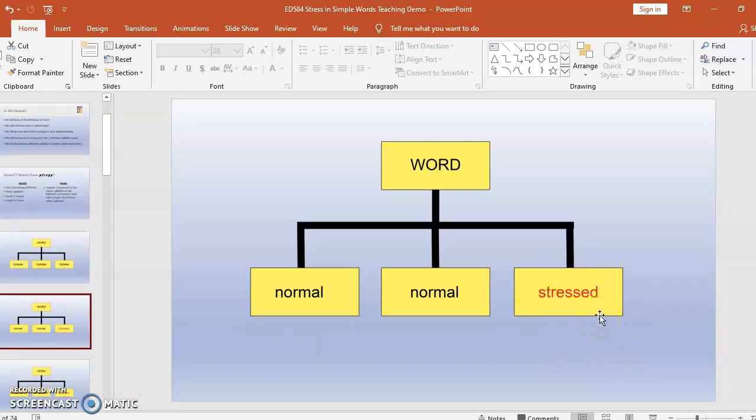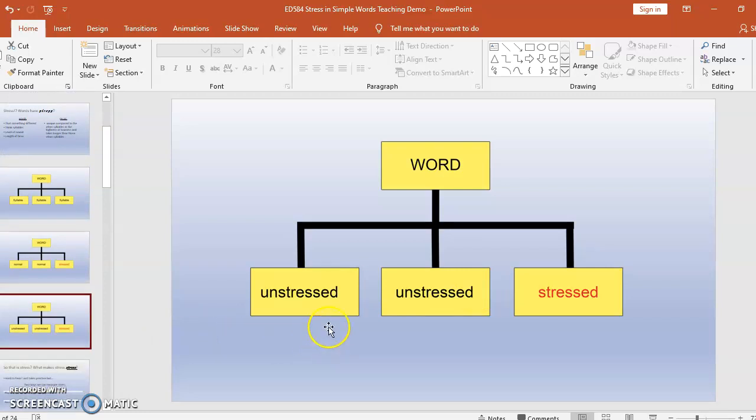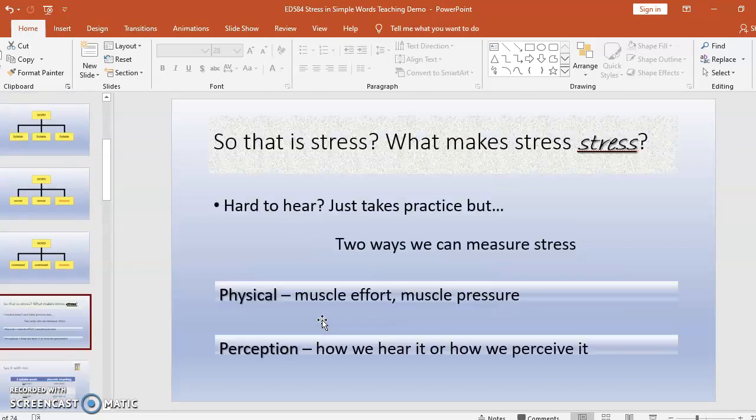It's going to sound different, maybe in its highness, and it's going to be just a little bit longer than the other syllables in the word. This is the normal tone when you're talking, or when the word is said. What we call that baseline would be unstressed. So in a particular word you have 2 unstressed syllables and then a stressed syllable.